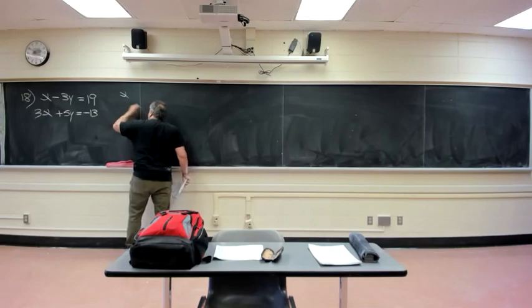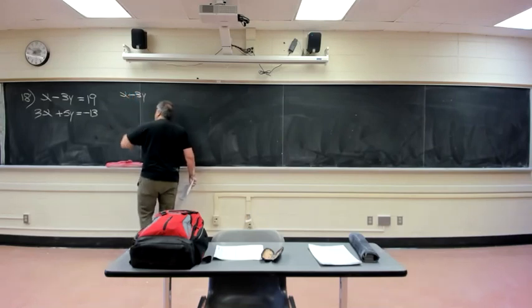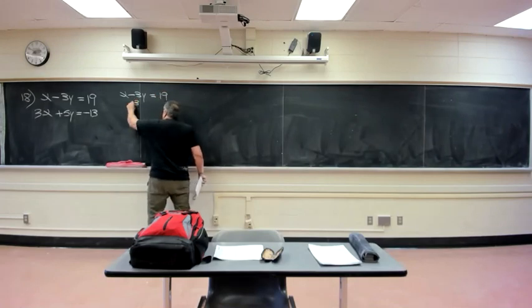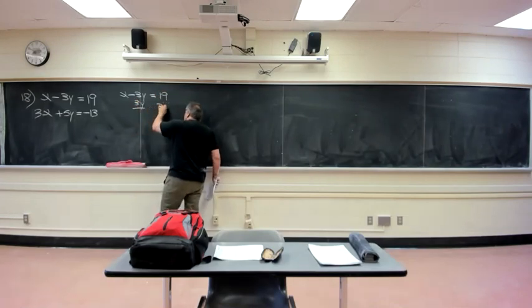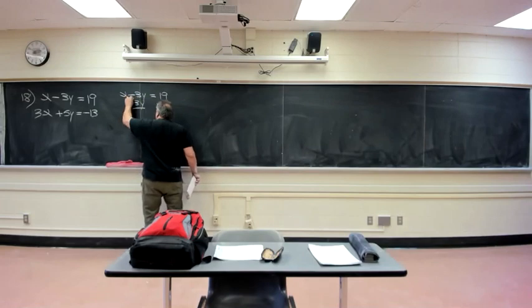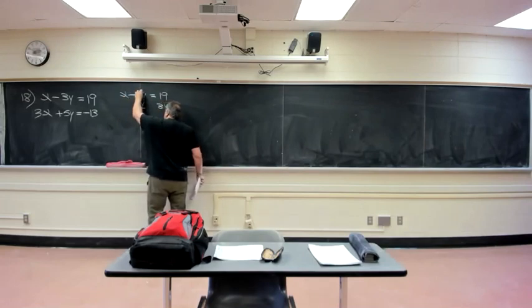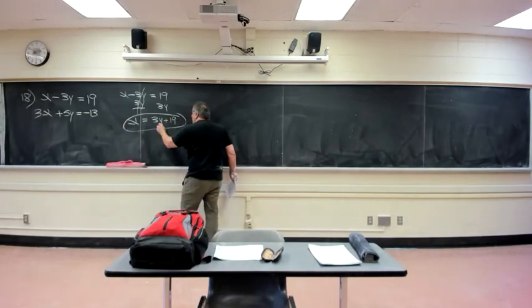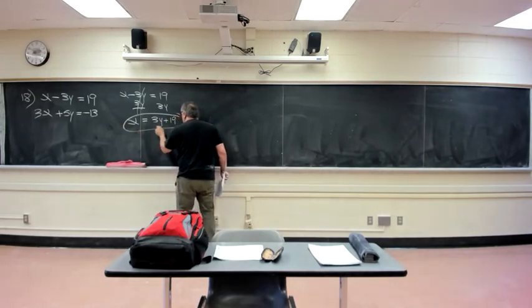If I looked at x minus 3y equals 19, and I were to add a positive 3y on each side, minus 3y plus 3y goes to 0. X is equal to 3y plus 19. I guess if I know what y is, plug it in here, it'll tell me what x is.